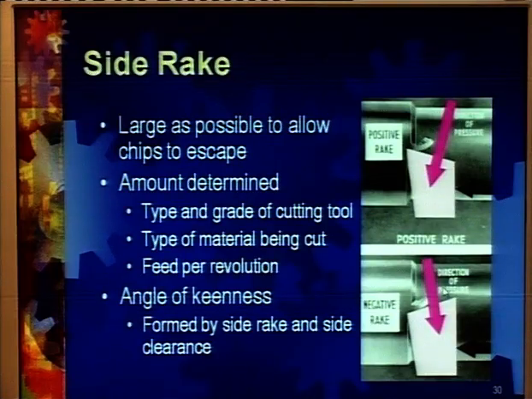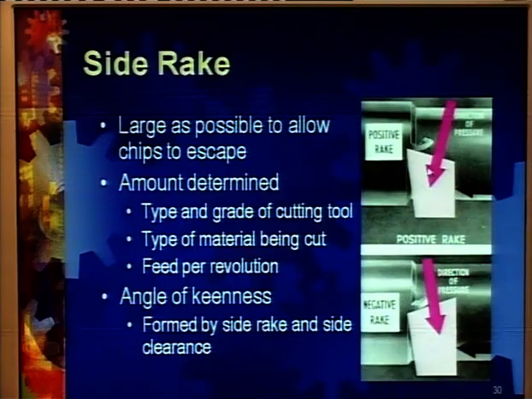To avoid this breaking off, we give a negative rake angle to the workpiece, as can also be seen. In the case of a positive rake angle, the cutting force comes in this way. We can also see that the chips are flowing in this direction, and the net force is coming in this direction.